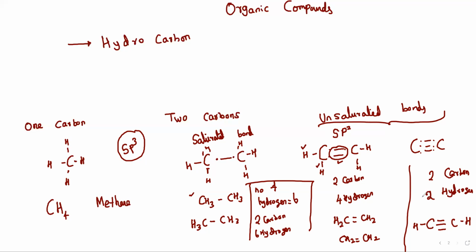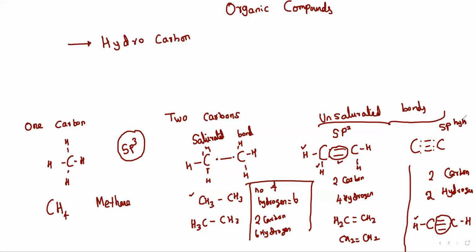And this is one s orbital, and these three can be viewed as one p orbital. So this is sp hybridization.